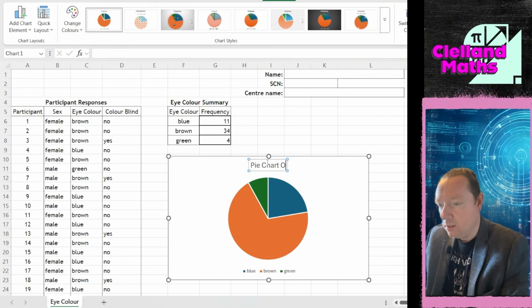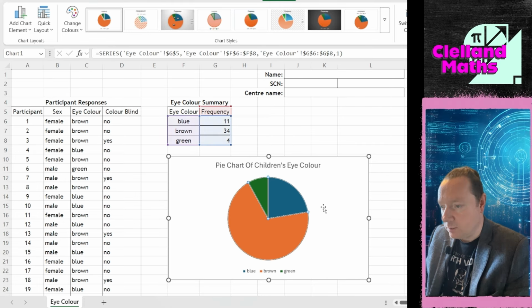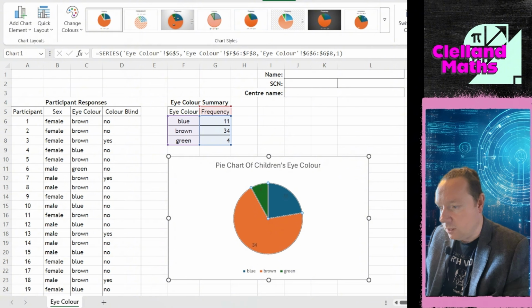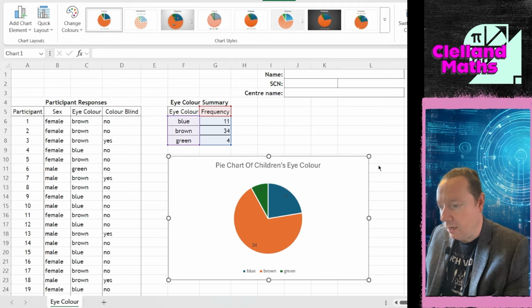Pie chart of children's eye colour. There's my chart, and then data labels. You could put them in if you want, and it would tell you 11, 34, and 4, which is quite nice. You know, it's hard to say exactly what we would want, a legend for sure, but that's good.